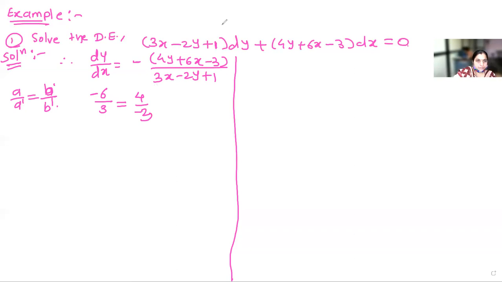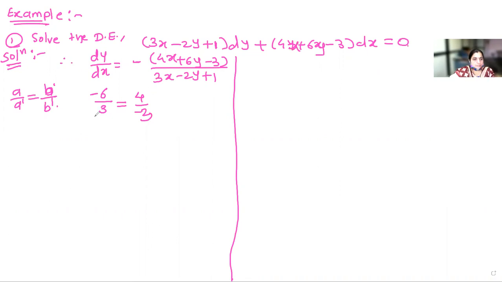Just wait, the example is like this, 4x and 6. A little bit of correction in the example, 4x and 6.